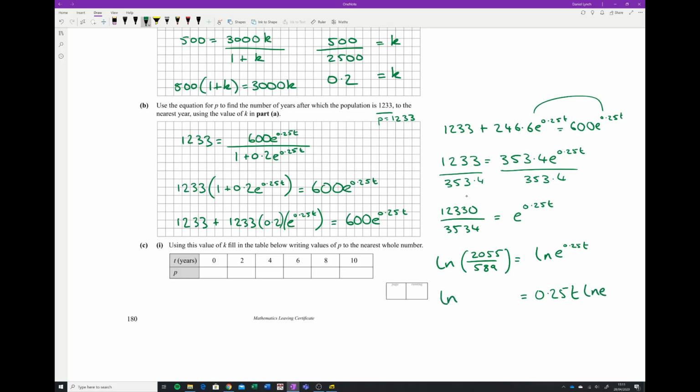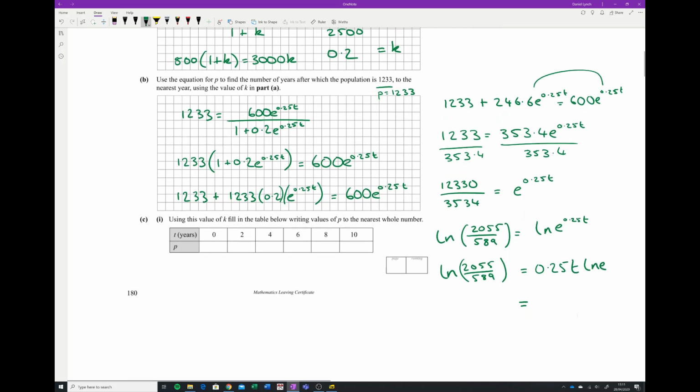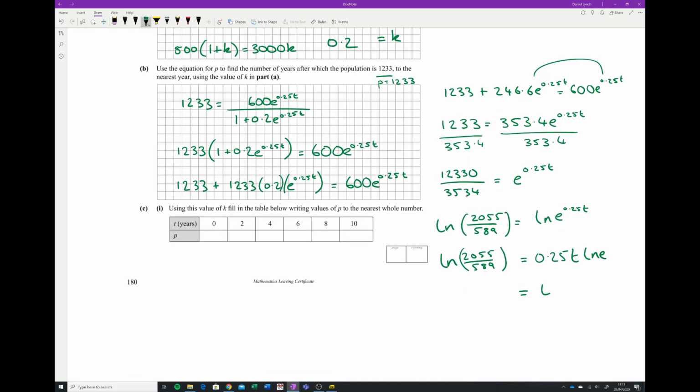And here we have ln 2055589, and it's divided by 0.25 because ln e, as we know, is 1. So we get t when we're dividing this by 0.25, and we get ln 2055 over 589 divided by 0.25. So t is that.